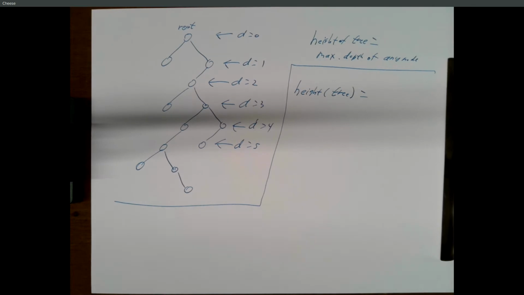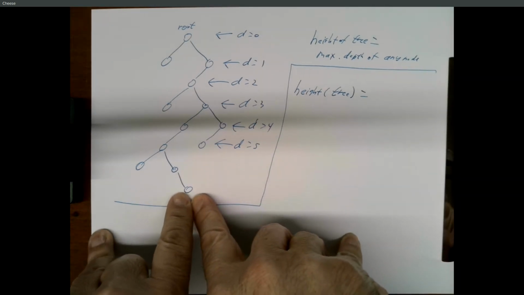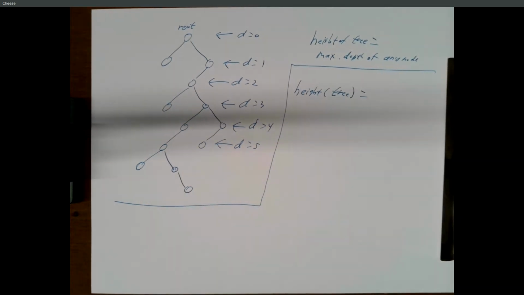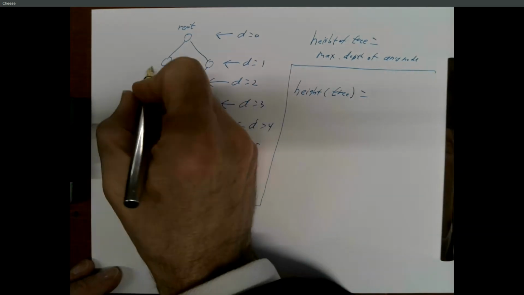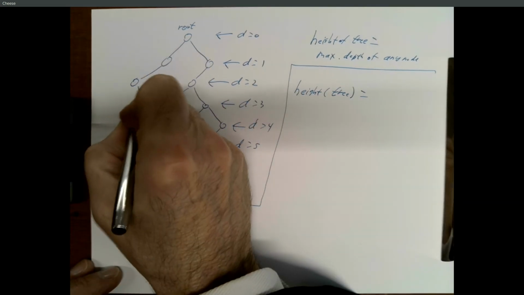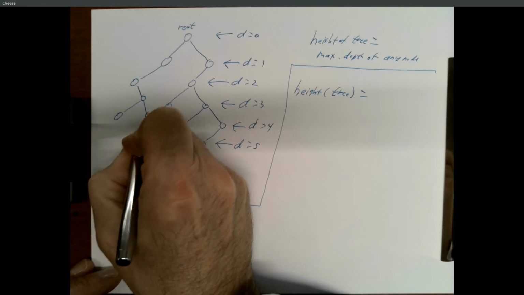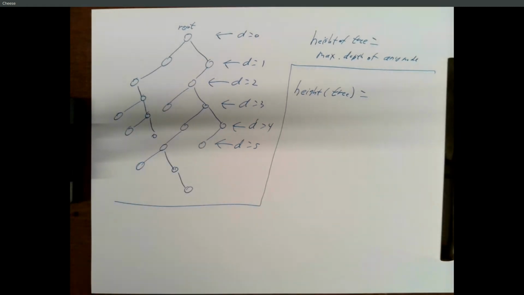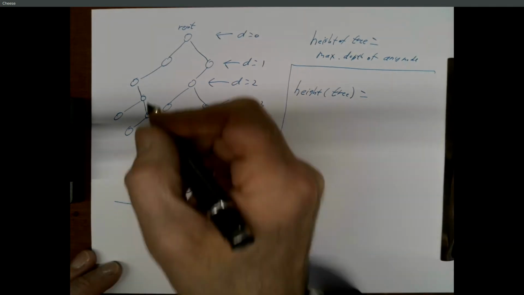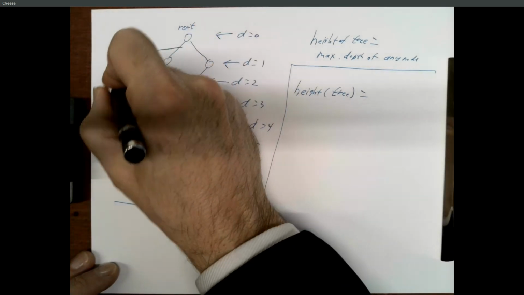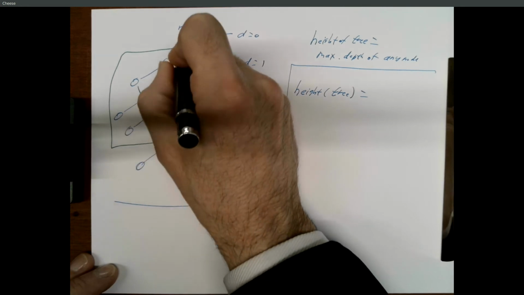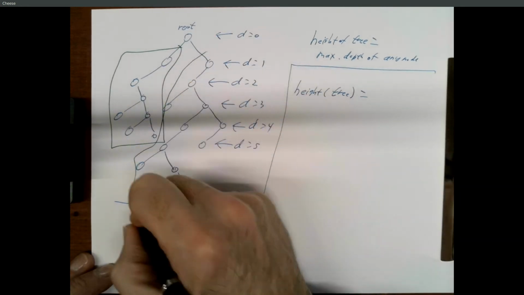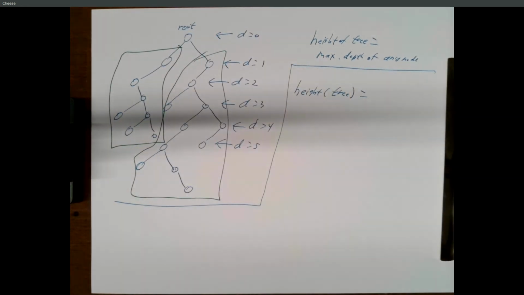Well, it's the depth of the deepest node, okay? If I start with a tree, and let me throw a few more nodes over here to make it interesting. If I start with a tree with a root, remember I can think of this as two subtrees. Here's one, and here's another.